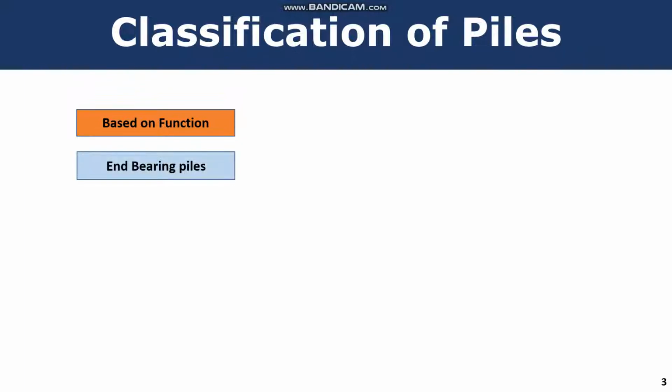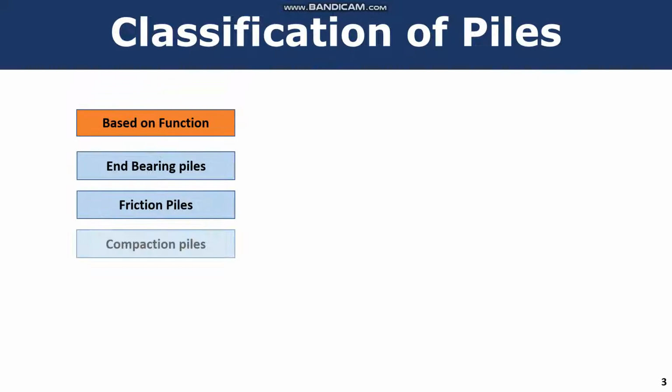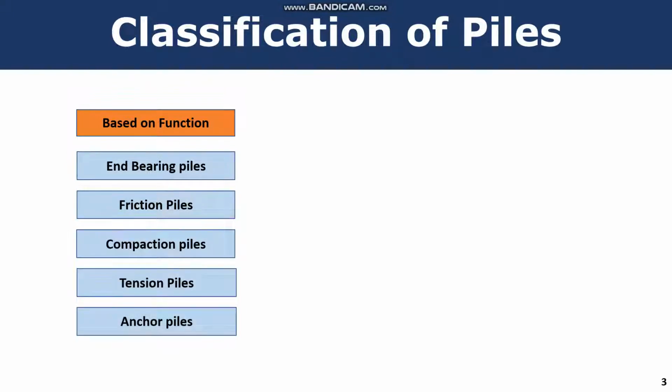And when we move further, here is a classification of piles. Piles are classified on the basis of their function as well as on the basis of their material properties. When we talk about function, piles are classified as end bearing piles, friction piles, compaction piles, tension piles, anchor piles, and sheet piles.